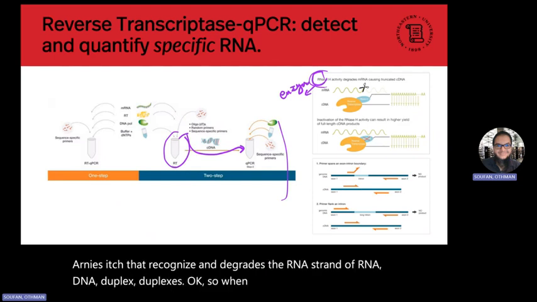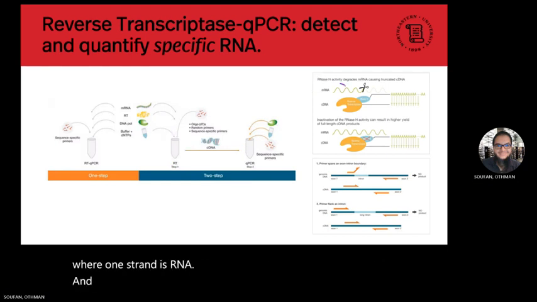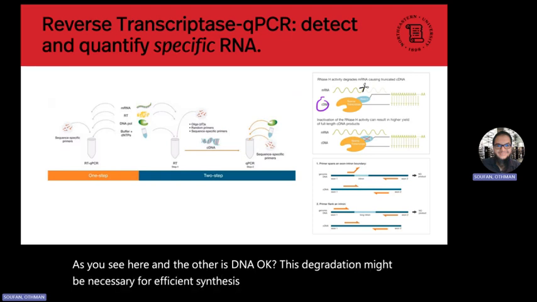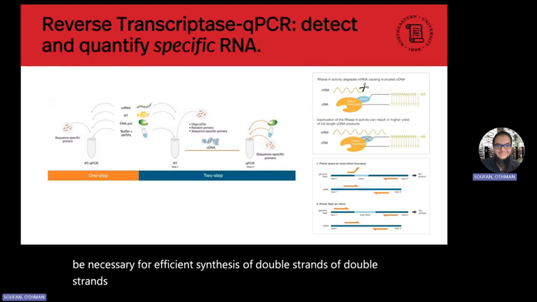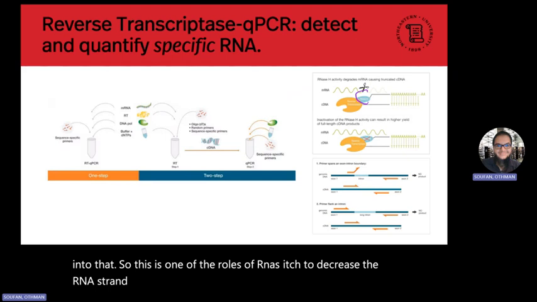When there's a hybrid molecule where one strand is RNA and the other is DNA, this degradation might be necessary for efficient synthesis of double strands to come. So RNase H can play a role in that. This is one of the roles of RNase H, to degrade the RNA strand when there's an RNA-DNA hybrid.